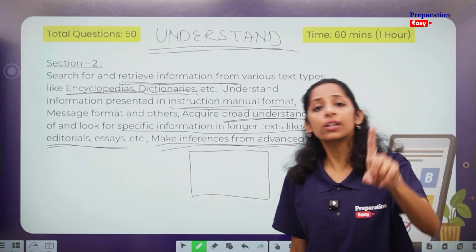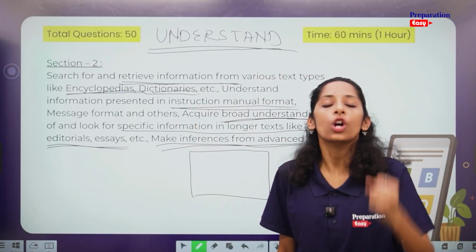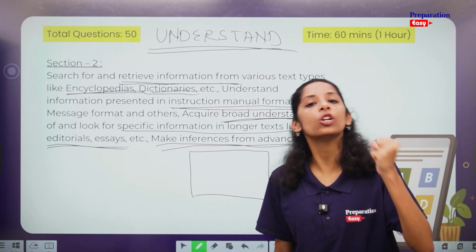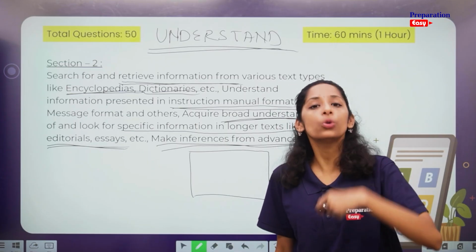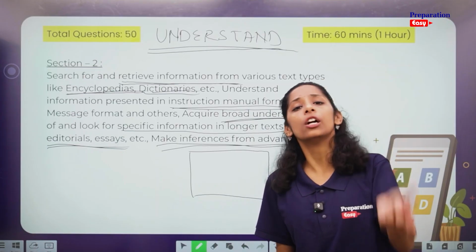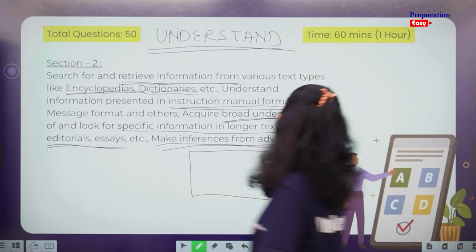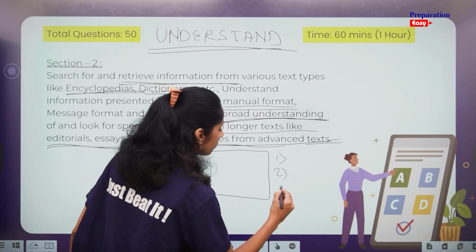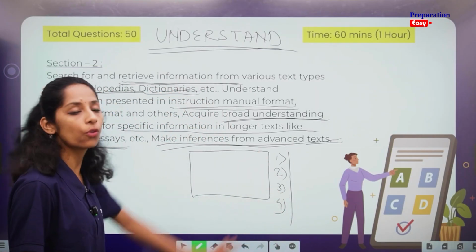So yes, the first section was all about your word power, your vocabulary, your understanding of words. What do you understand from this word? How do you express this word similar to another option? Like 4 options are given. If you are familiar with this exam or any competitive exam, there will be 4 options.